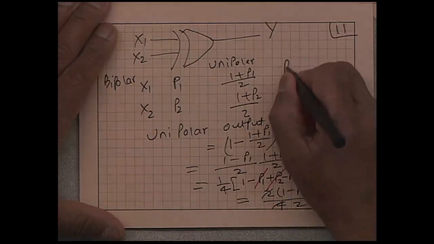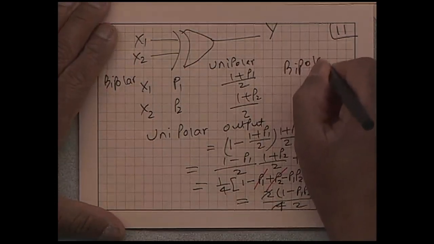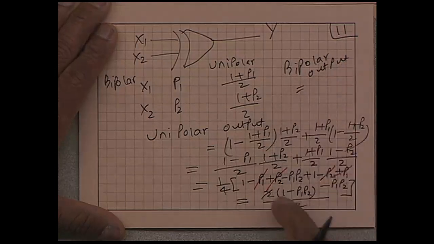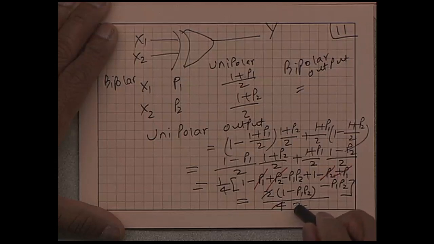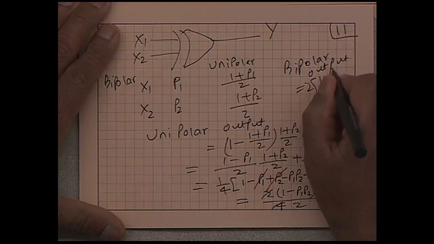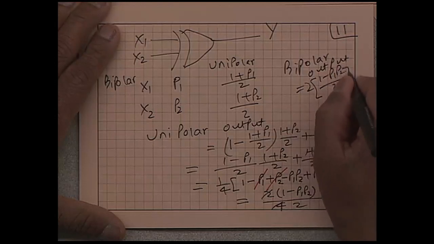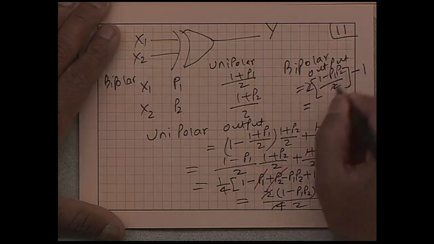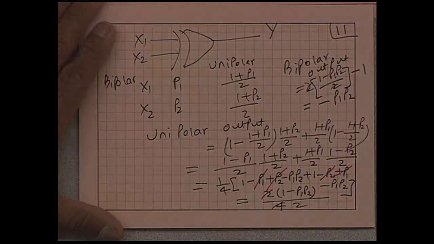And the bipolar output would be 2 times this minus 1. So 2 times 1 minus P1 P2 by 2 minus 1. 2 cancelled out. 1 minus 1 cancelled out. And that's minus P1 P2.